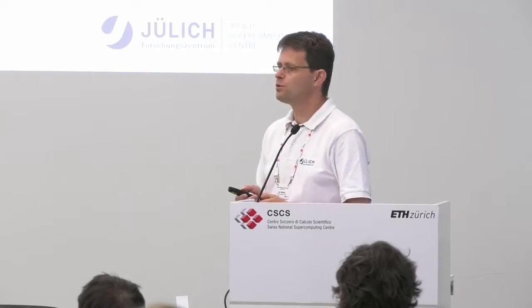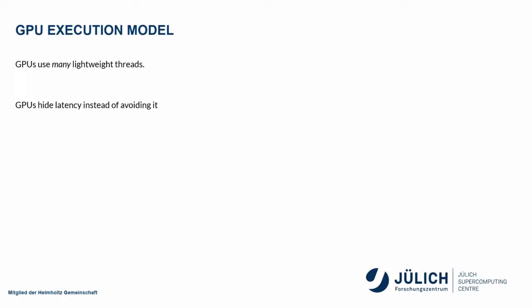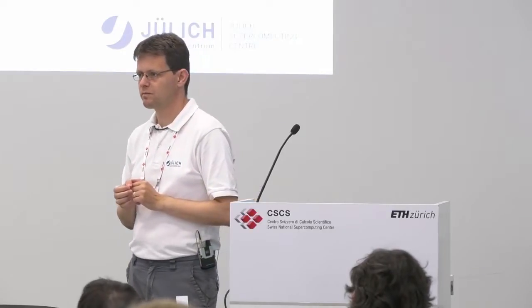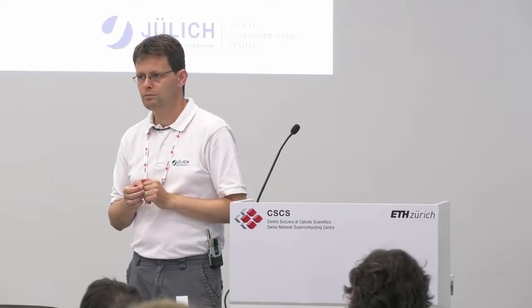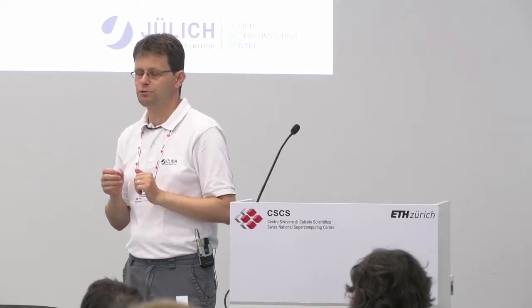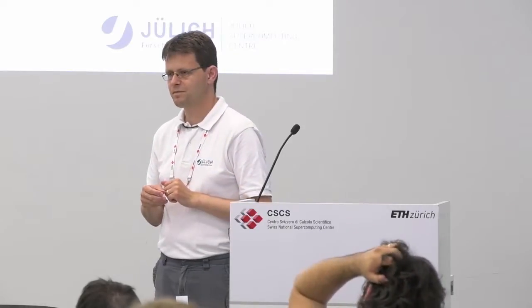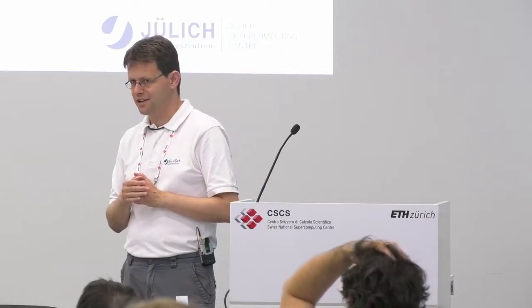On a GPU, we hide latency rather than avoid it. What do I mean by that? When I have some tasks that need some data, then on the GPU, I start the data request, then put this task aside, and run the next one. Then the next one will start its data request, at least at the beginning. The first one still probably doesn't have the data.